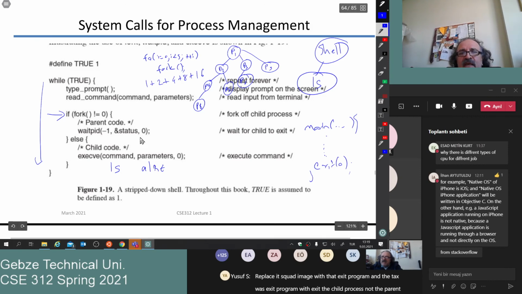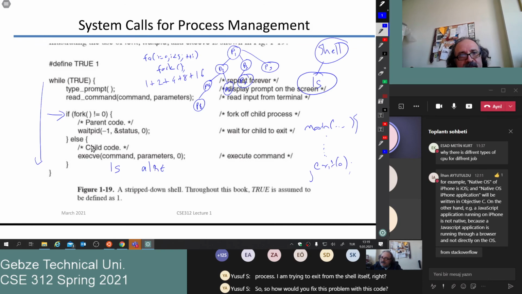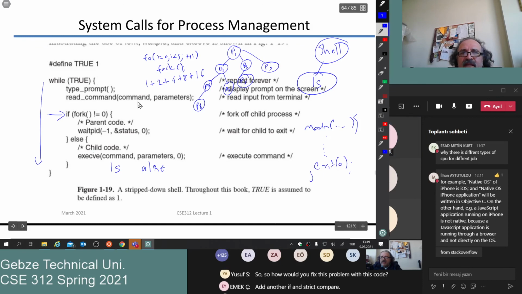I am trying to exit from the shell itself, right? So how would you fix this problem with this code? Add another if and string compare. Exactly. When I get this read command, if the command is exit, then I would just call exit, instead of calling fork.